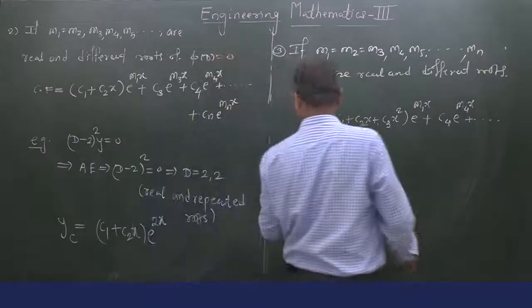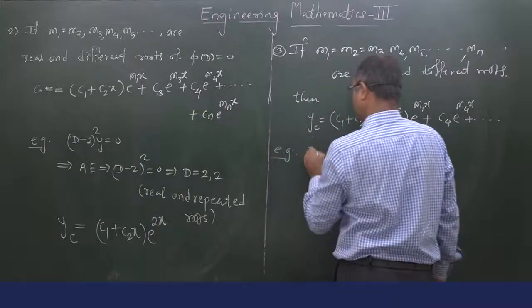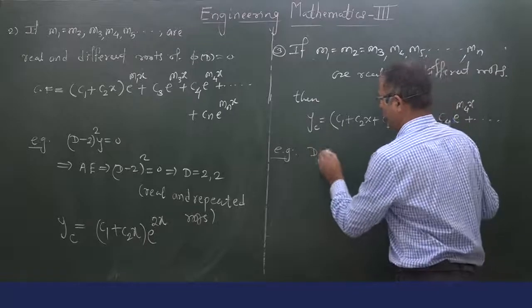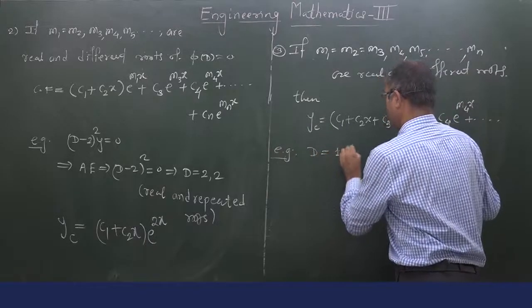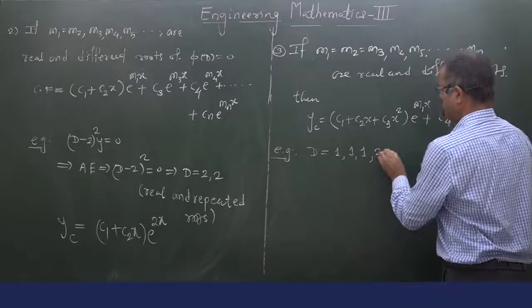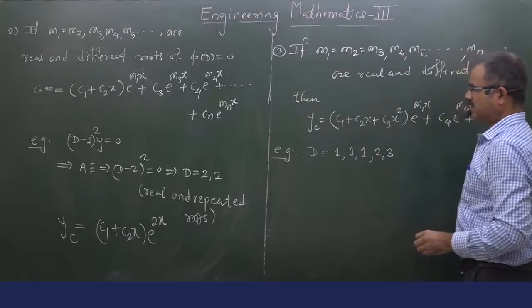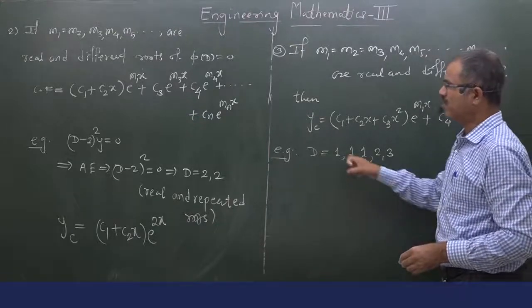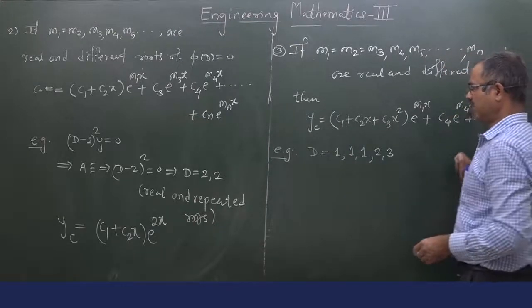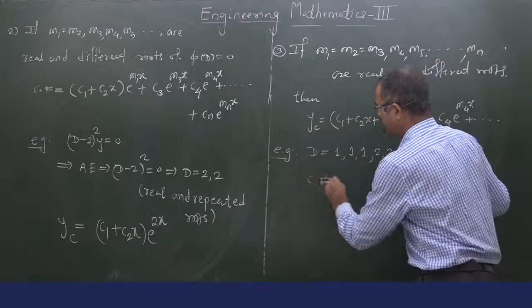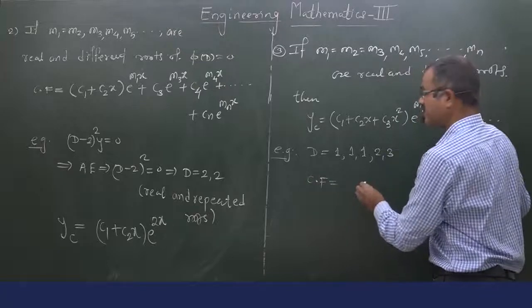Suppose we have this type of situation, D equal to 1, 1, 1 and 2, 3. These are the roots of the auxiliary equation phi of D equal to 0. What will be its complementary function?